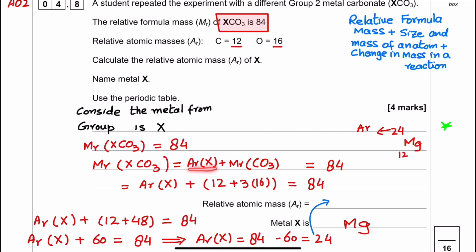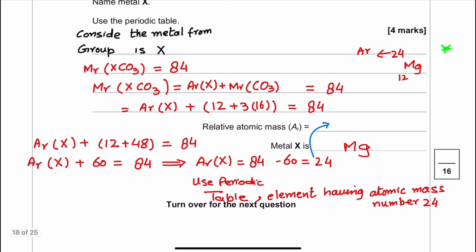This is unknown, so we keep it the same. Mass of carbon is 12 and there are 3 oxygen, plus 3 into mass of 1 oxygen, and we already know that is actually equal to 84. So I put 84. Now a couple of the steps are done here.